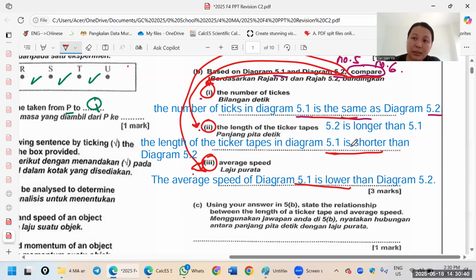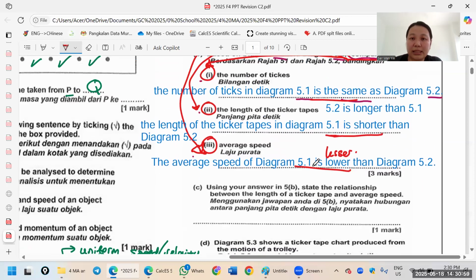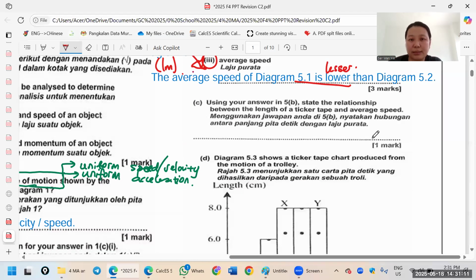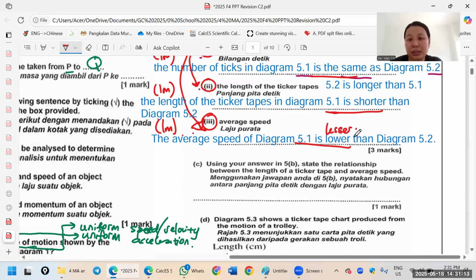Same meaning, means lesser. You want to say lesser also can. Now, if you do this way, it's same like just now what Jiahong asked. You do a table. Normally this kind of question, they will have 3 compare, 3 marks: 1 mark, 2 marks, 3 marks, then 2 more marks here, or maybe 1 mark here.